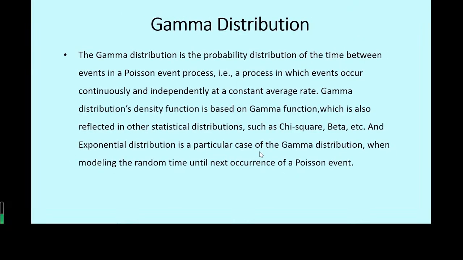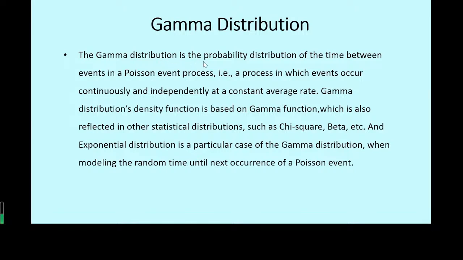The gamma distribution is the probability distribution of the time between events in a Poisson event process. The Poisson event process is a process in which events occur continuously and independently at a constant average rate. So we have learned the Poisson distribution with a constant average rate called lambda.